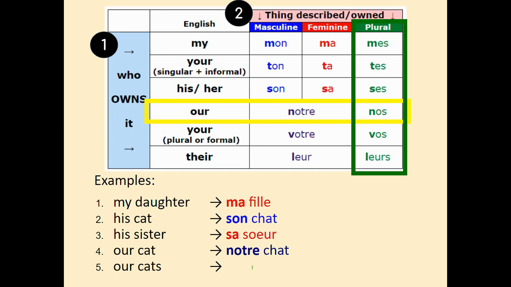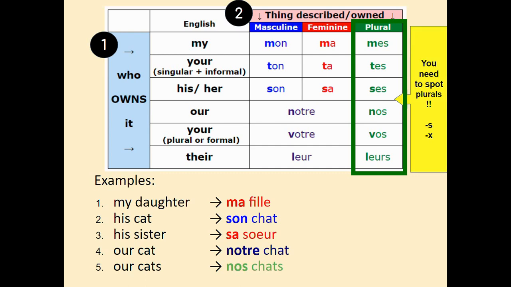There are many cats. And so I'm going to say nos chats. We need to be able to spot those plurals when you see them. Most of them will be words, nouns that finish with an S. Sometimes it might be an X. So it might be actually that you do it, firstly you check if something is plural, and if it's not, then you check if it's masculine or feminine.